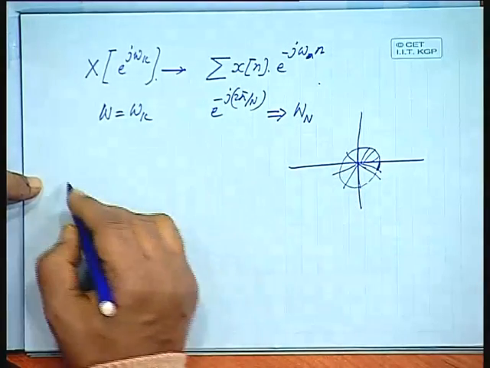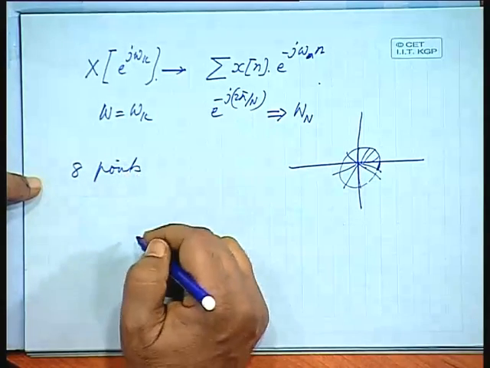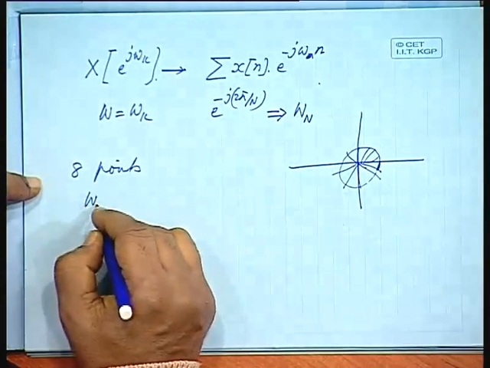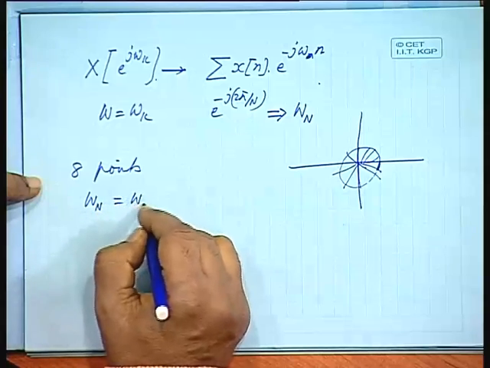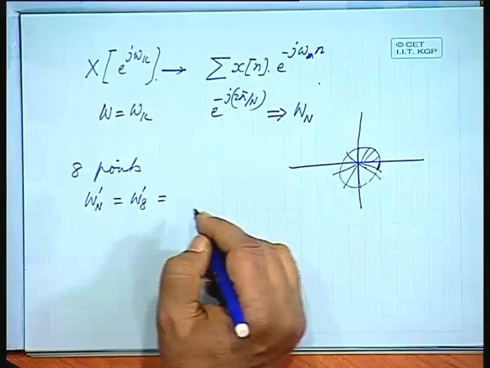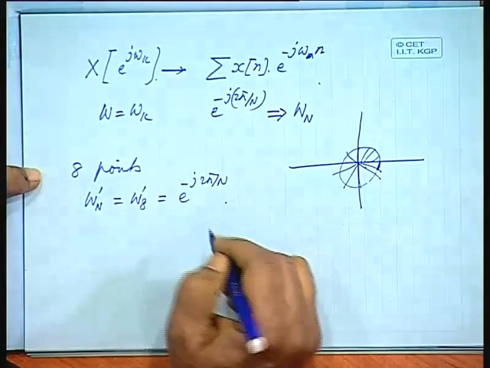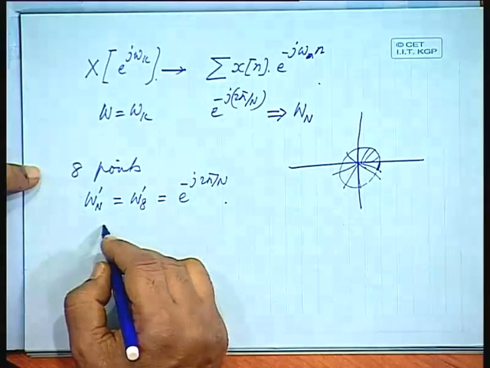So, if I have 8 points, then W_N to the power 1, that is 1 unit, will be e to the power minus j 2 pi by N. That is multiplying any quantity.